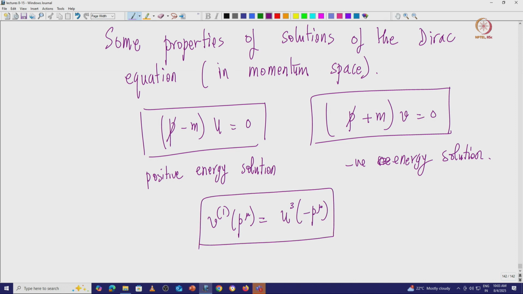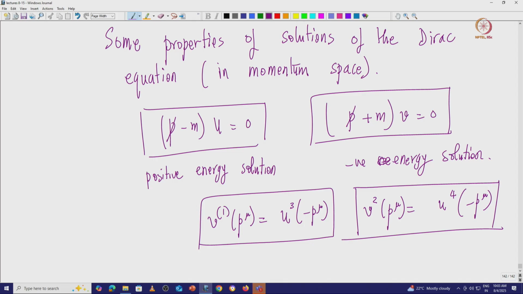You have these relations between the positive and negative energy solutions, because you can always change the sign of the momenta and get back the second part of the positive energy solution.